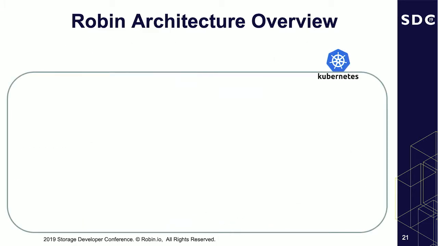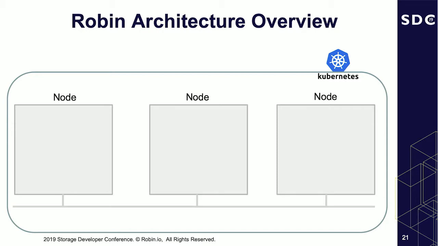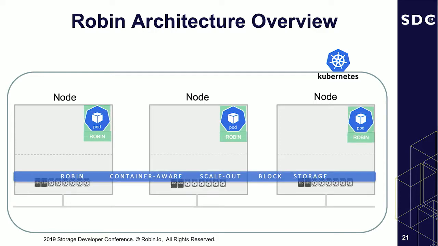the existing Kubernetes cluster? Our Robin software deploys as a daemon set. Let's say you have a Kubernetes cluster consisting of multiple nodes. Robin deploys as a daemon set on this cluster, which means there's Robin software running on every node, right? And users can specify which of the hardware resources, which disks, should be used by the Robin storage, right?